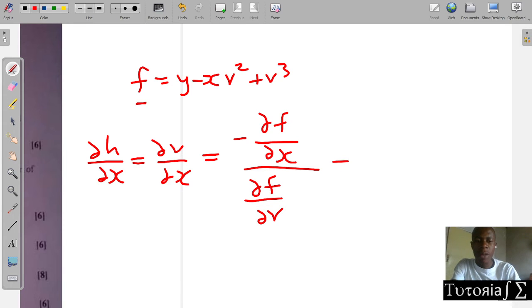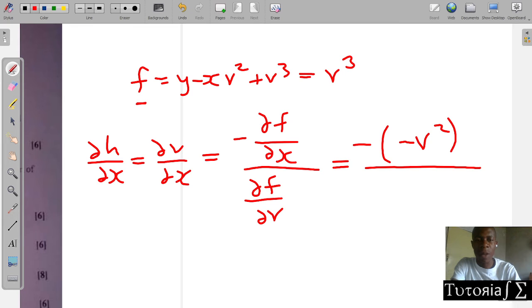All right, so now it's just a matter of calculating what is f with respect to x. F with respect to x, that will be negative v squared. And what is f with respect to v? We should have started, let me write this starting with the highest power, that is v cubed minus x v squared plus y.